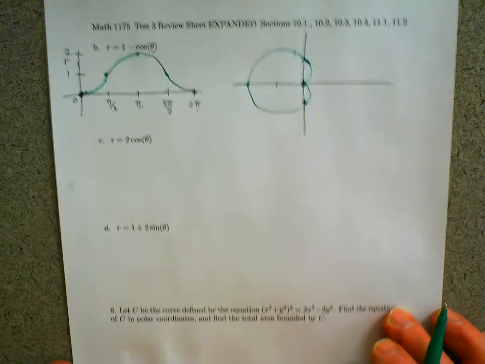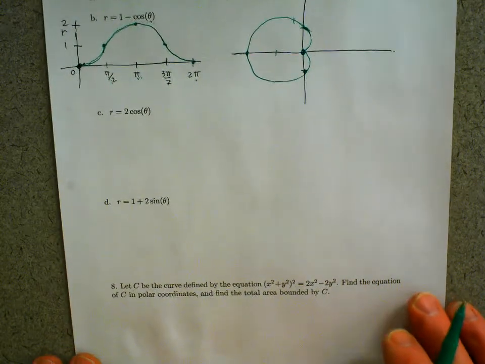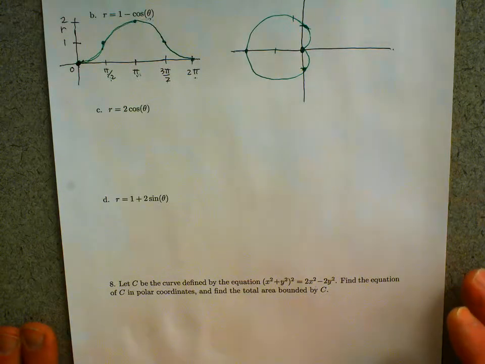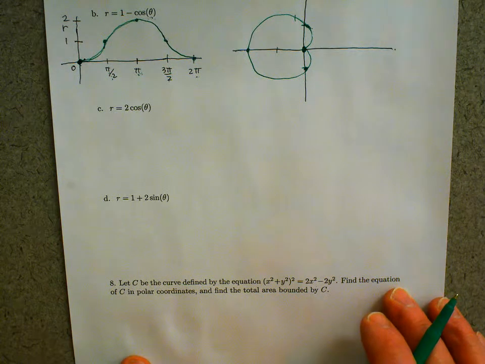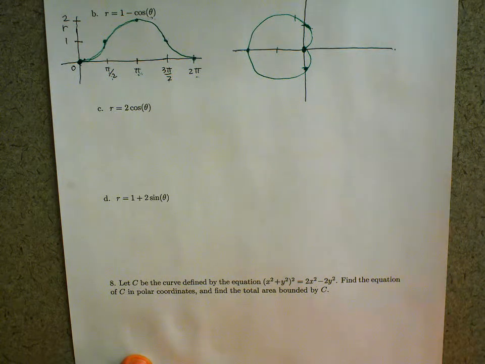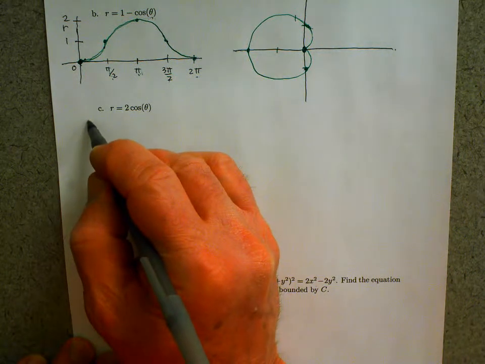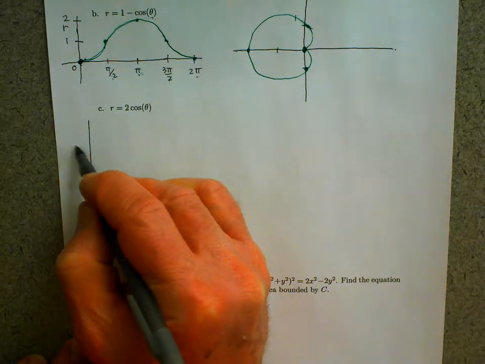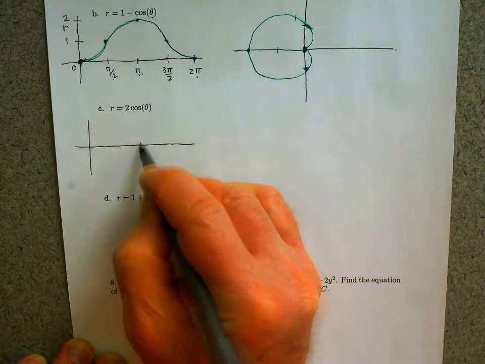Okay, the next one, r equals 2 times cosine of theta. This one in rectangular coordinates is fairly easy to graph.